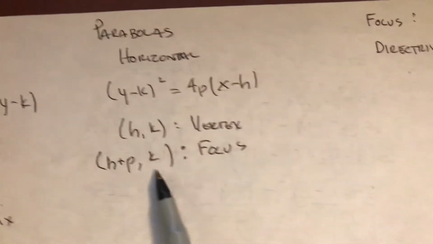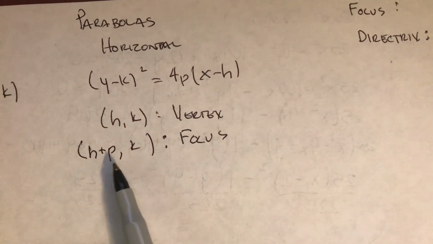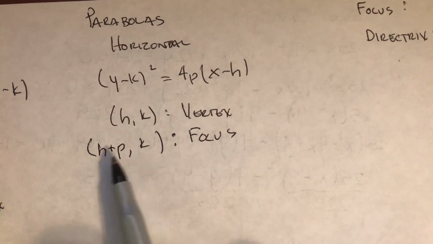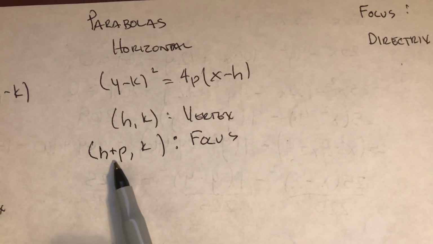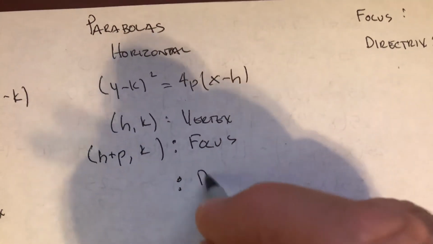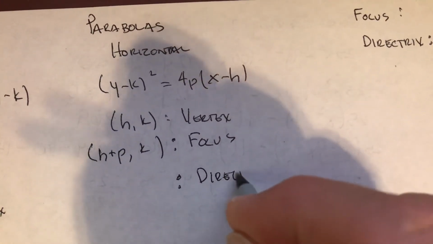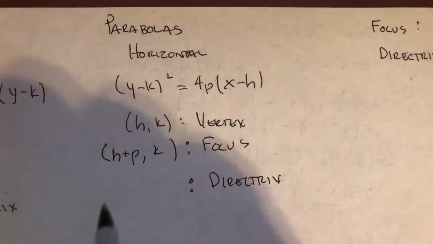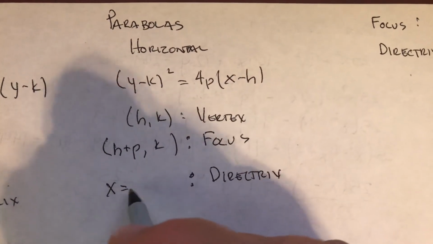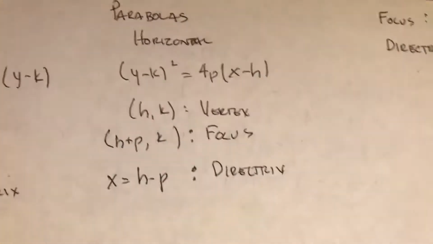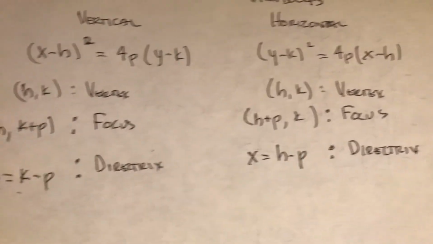Since this is going horizontally, I add it to the horizontal coordinate. And then the directrix is going to be x equals h minus p. See the difference?